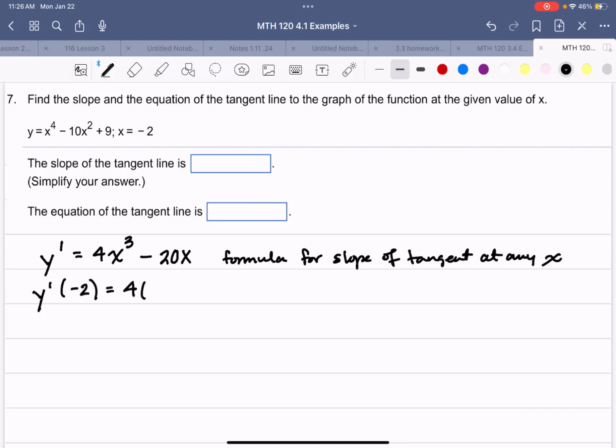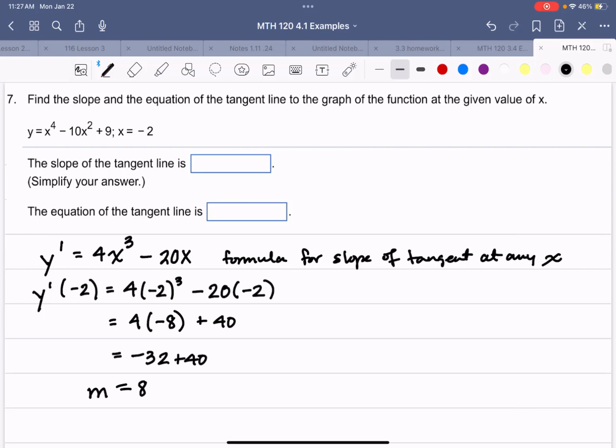So 4 times negative 2 cubed minus 20 times negative 2 is 4 times negative 8 plus 40, or negative 32 plus 40, which is 8. So this is my slope of my tangent. So my slope is 8.